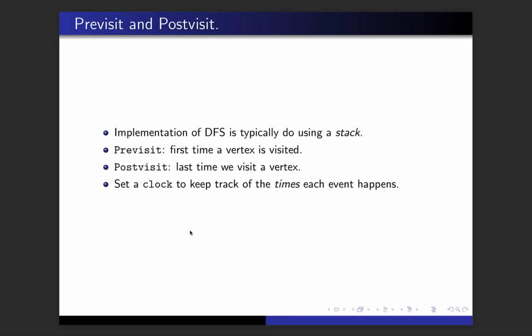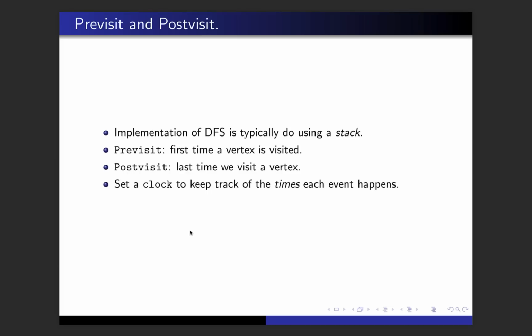But let me introduce a couple of things we're going to do in these procedures, pre-visit and post-visit. We're going to incorporate two labels to each vertex. We're going to put a clock while we implement DFS, and we're going to keep track of the times at which we see a vertex for the first time and we start exploring the vertices you can reach from that vertex.